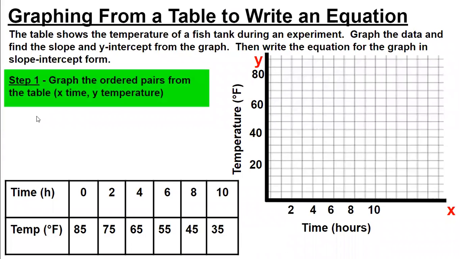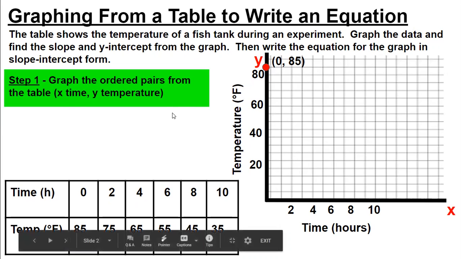So first, our step is to graph the ordered pairs from the table, x being time and y being temperature. Our ordered pairs would be (0, 85), (2, 75), (4, 65), (6, 55), (8, 45), and (10, 35). So let's graph those. So that's (0, 85). Notice how that is also the y-intercept because it's on the y-axis.